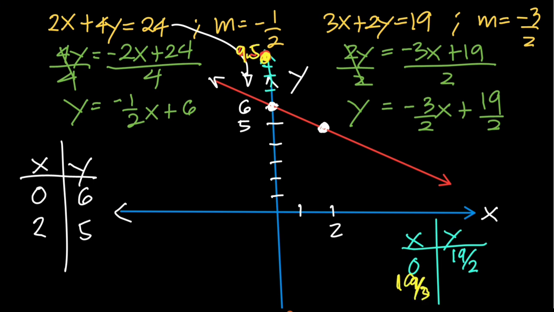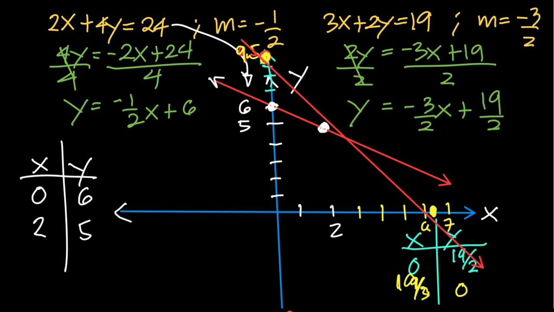That would cancel out, then you have 19 over 2, so 0. So when x is 19 over 3, that's about 6.3 here. So the graph would look like this.